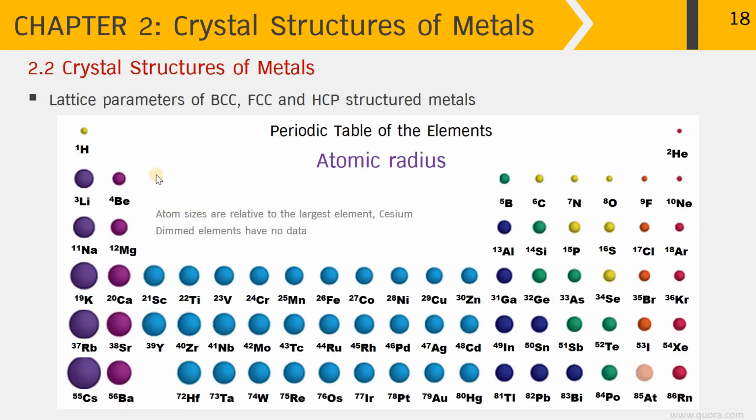This slide shows the periodic table of the elements and gives you the relative atomic radius. And you can see that the atomic radius increases towards the left-hand side of this periodic table and down the table. And the radius of the atoms is quite important for making metals into alloys.